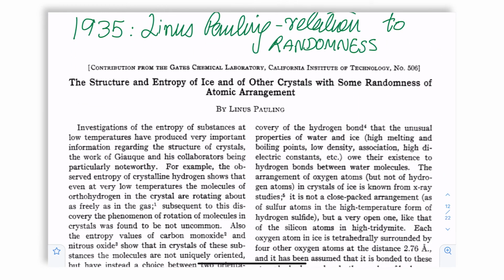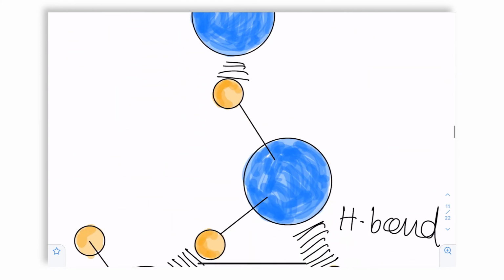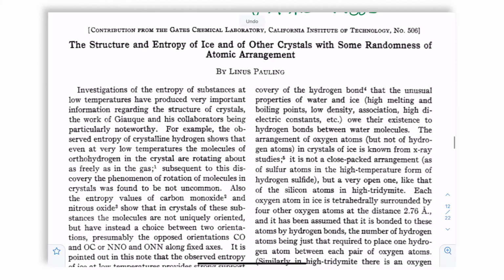So it brings us also forward to 1935. So Bernal-Fowler model of tetrahedral geometry was 1933. This paper, published by Linus Pauling, Nobel laureate in chemistry, and Pete Slater, describes the structure and entropy of ice and other crystals with some randomness of atomic arrangement.